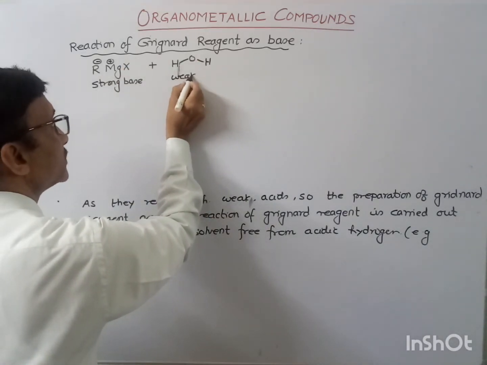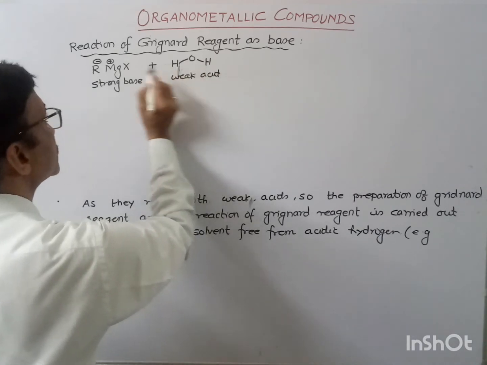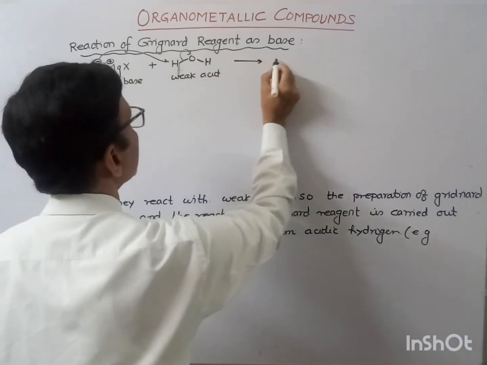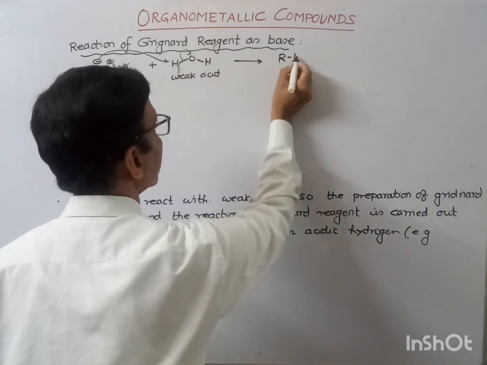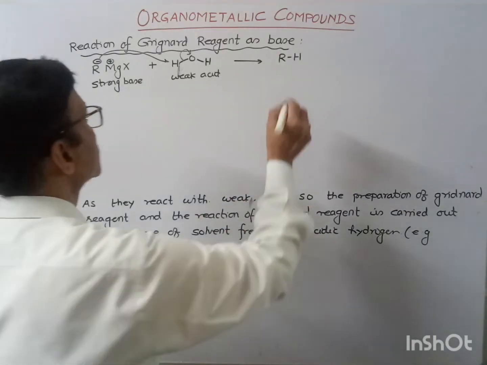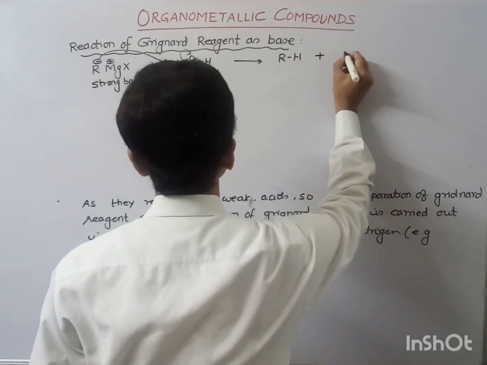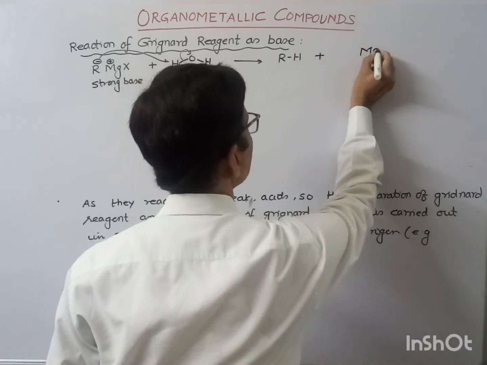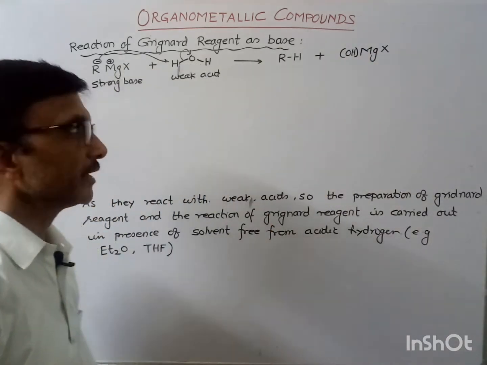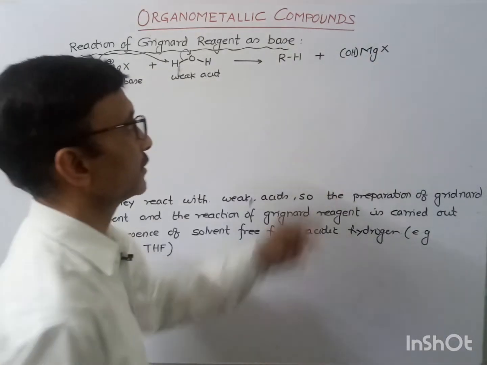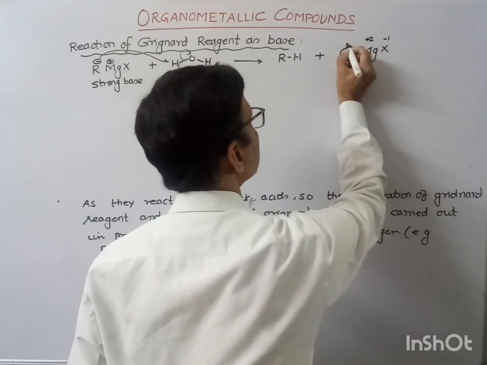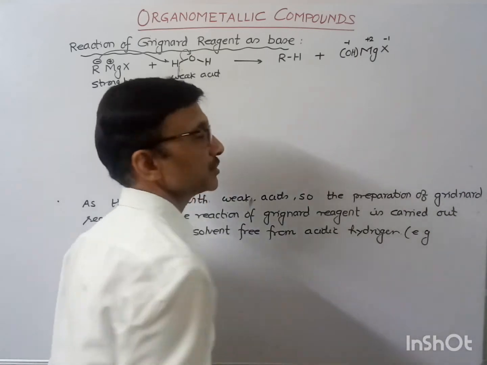Here water is a weak acid, so this will take the hydrogen, and we get the alkane. This is one of the methods for the preparation of alkane, plus we get Mg. Now this Mg has charge +2, this has charge -1, OH has charge -1, so the charge is neutralized over the magnesium.